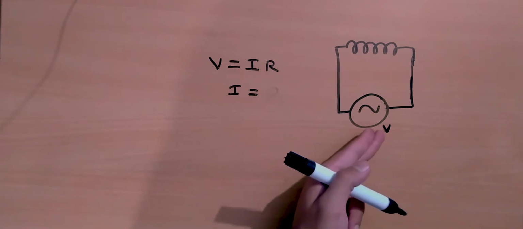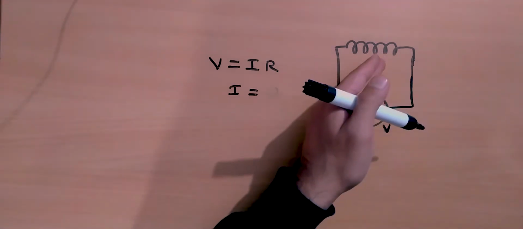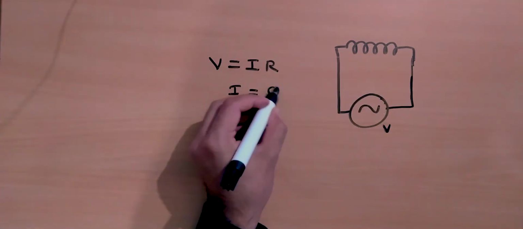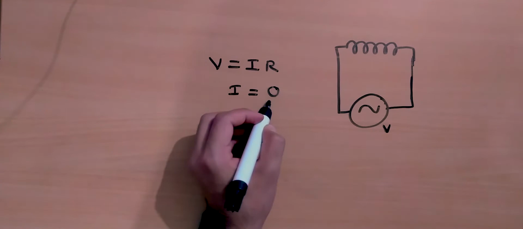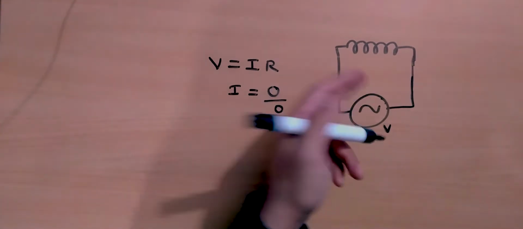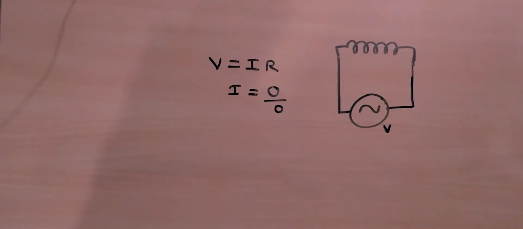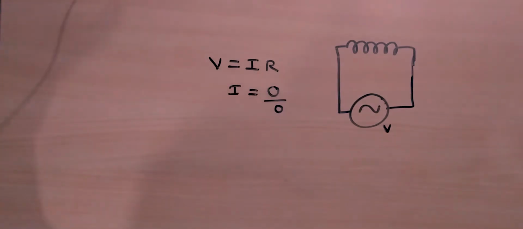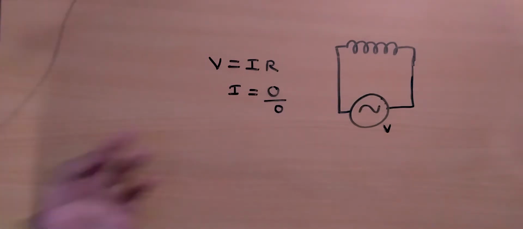So the source voltage is exactly cancelled by the back EMF of this coil. So the net voltage is actually 0 in such a circuit, and the resistance is also 0. We just saw that the resistance is 0, and the problem is we get 0 upon 0, which is actually undefined. It could be anything.